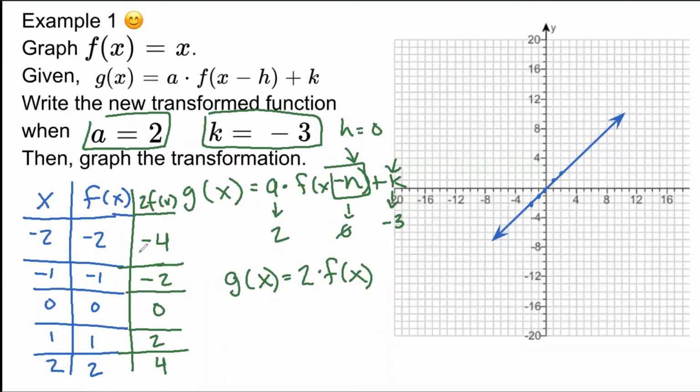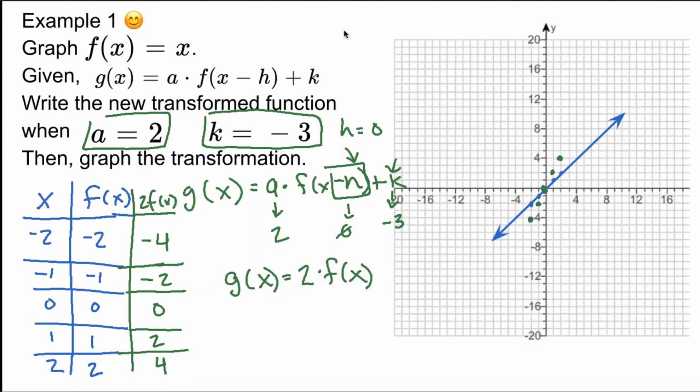We have it at -2, -4, right here. -1, -2, right here. 0, 0, still passes through that origin. 1, +2, and let's see, 2 and +4. Okay, we've now had our graph here.